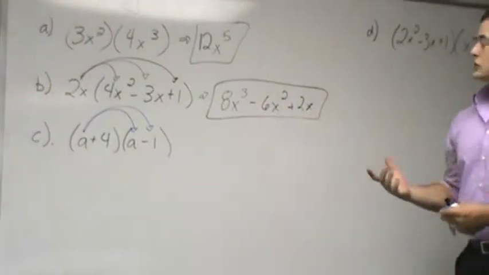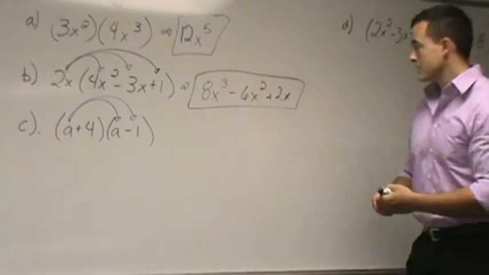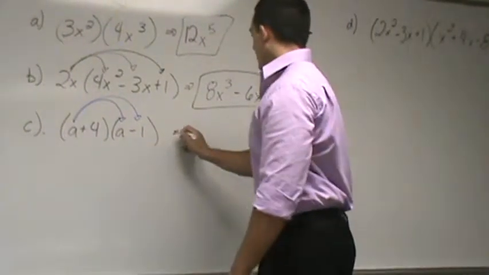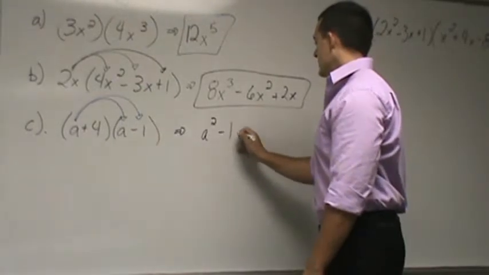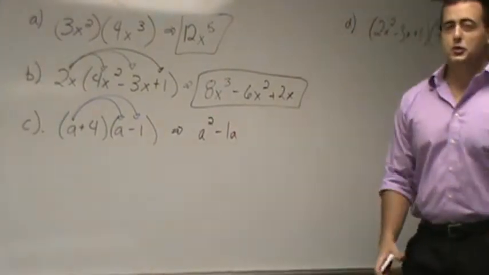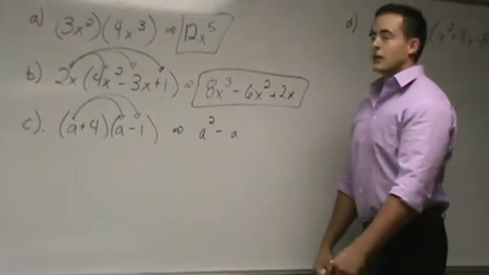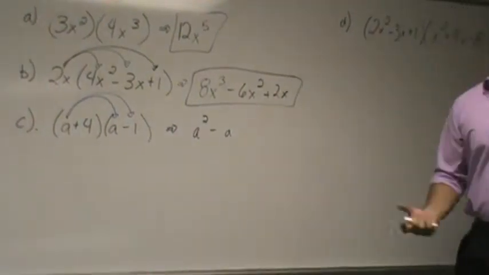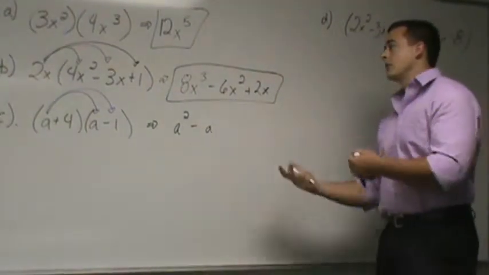And you can envision this as just an a times whatever comes next in the second set of parentheses. So that means we get a times a is a squared. A times negative 1 is negative 1a, which by now you guys should be getting familiar with writing as just negative a, by the way. If you want to keep the 1 there, you can, but technically it's not as correct as this.